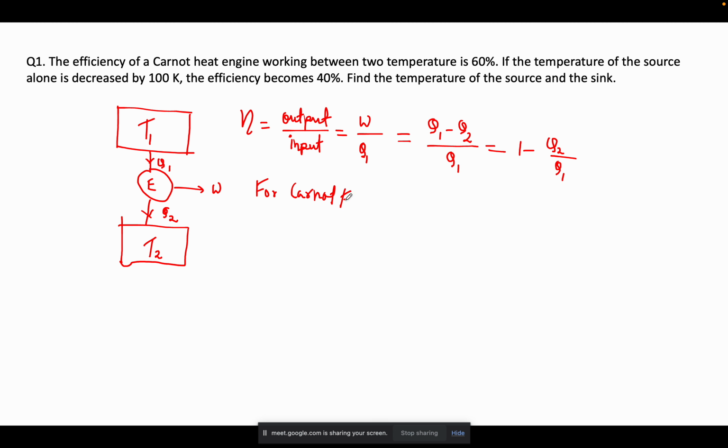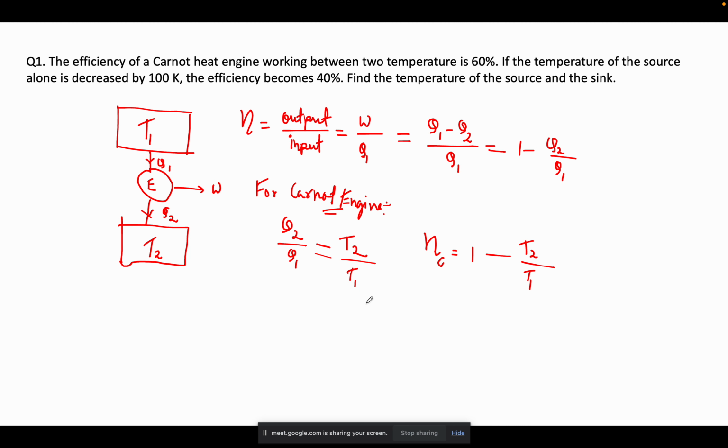Okay, now for Carnot or reversible heat engines, for a Carnot engine, what happens is that the ratio of the heat released by the heat reservoirs is equal to the ratio of the temperatures of the reservoirs. Okay, so this means eta Carnot can be written as 1 minus T2 by T1.